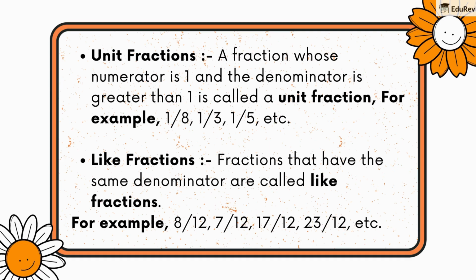For example, 1 by 8, 1 by 3, 1 by 5, etc. Like fractions: fractions that have the same denominator are called like fractions. For example, 8 by 12, 7 by 12, 17 by 12, 23 by 12, etc.